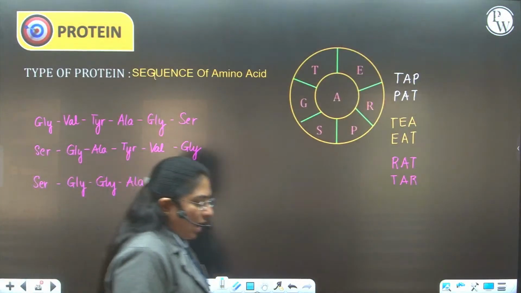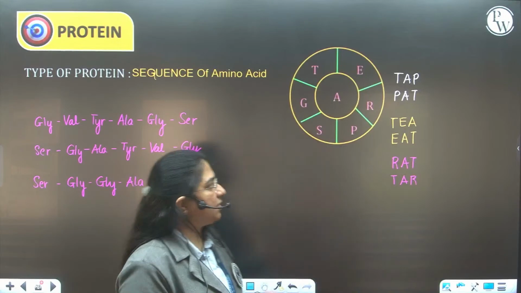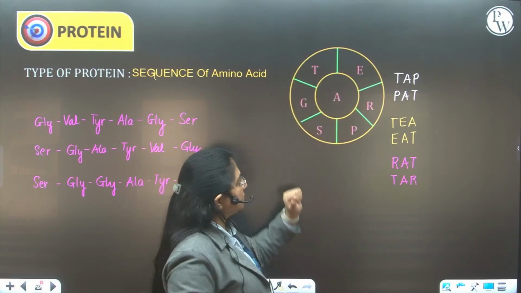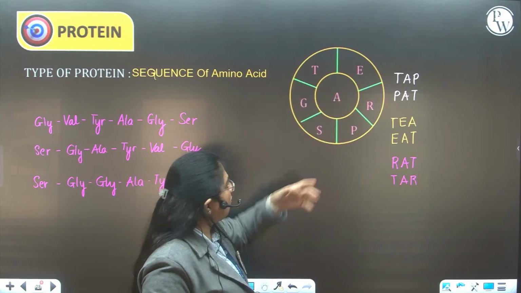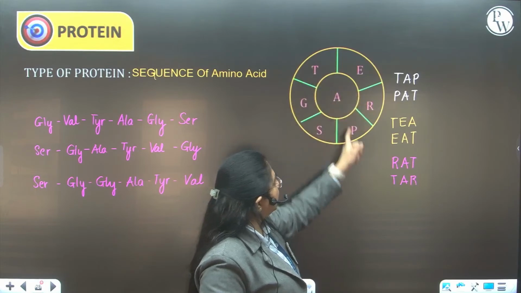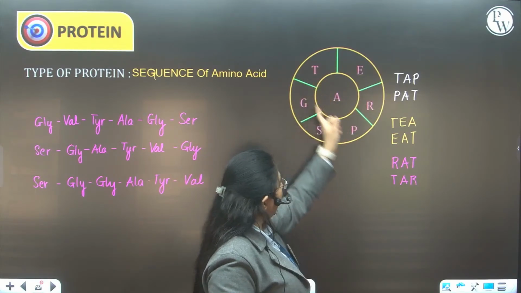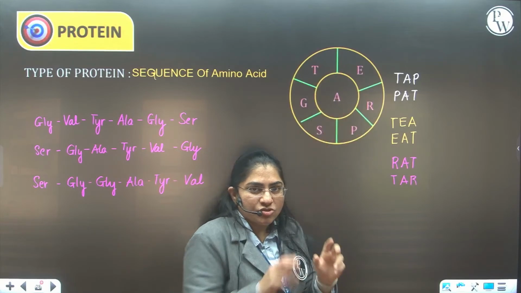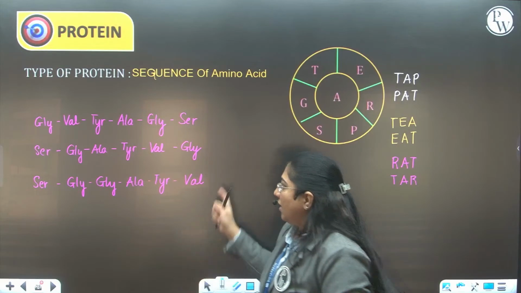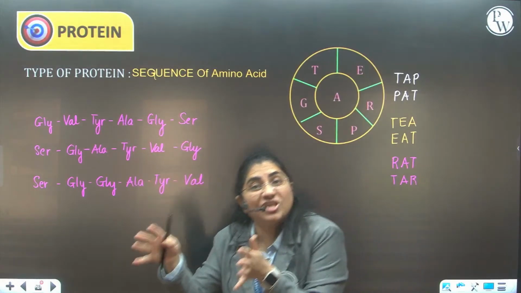Now, how do we decide how many types of proteins there are? You must have seen in the newspaper such kinds of games where you have to form words. In these alphabets, if you form words, say TAP, tap, if you make it the other way, it is PAT, pat, EAT, eat, TAR, tar, RAT, rat. So if you are just changing the alphabets, the word changes. Similarly, if you change the sequence of amino acids, the protein changes.